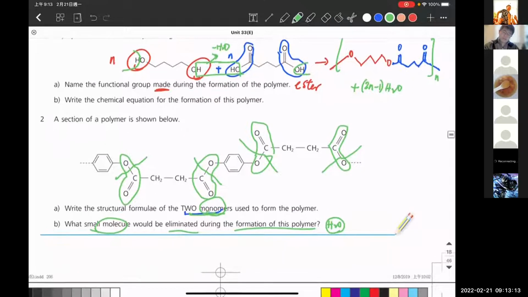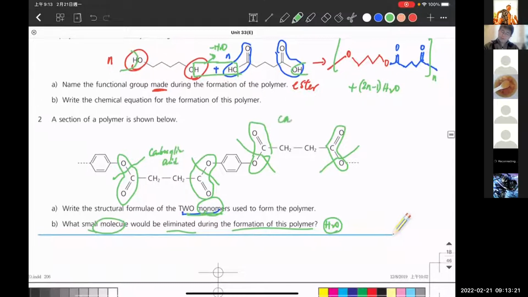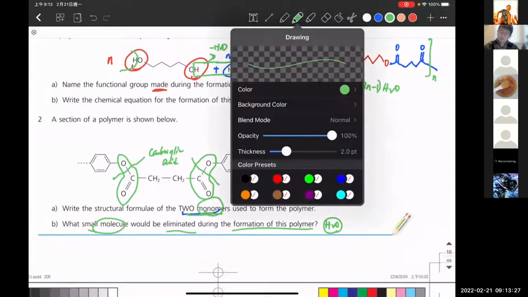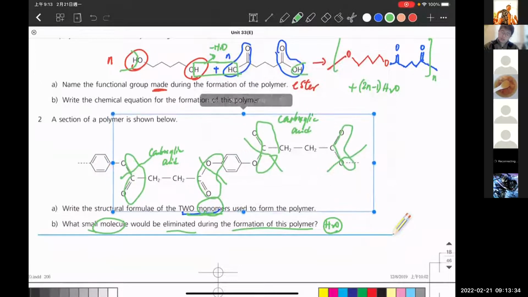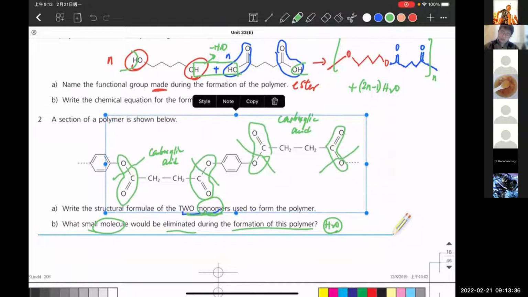This one seems like carboxylic acid. And this one is carboxylic acid. Can you see that? So leaving behind is a dicarboxylic acid.